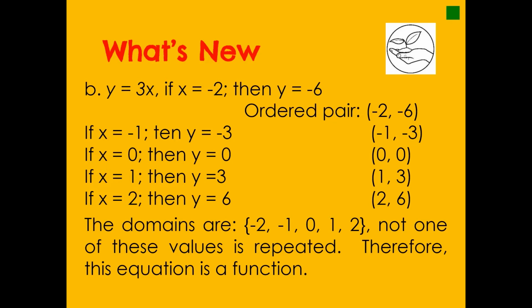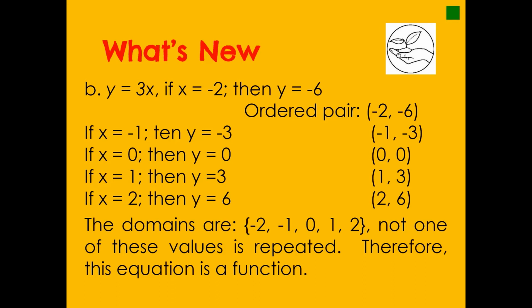Letter B, y is equal to 3x. If x is equal to negative 2, then y is equal to negative 6. The resulting ordered pair is (-2, -6). If x is equal to negative 1, then y is equal to negative 3. (-1, -3). If x is equal to 0, then y is equal to 0. (0, 0).